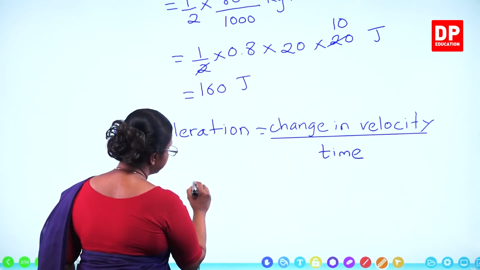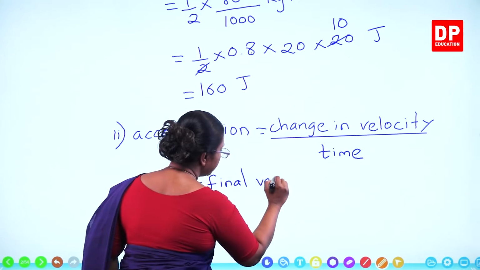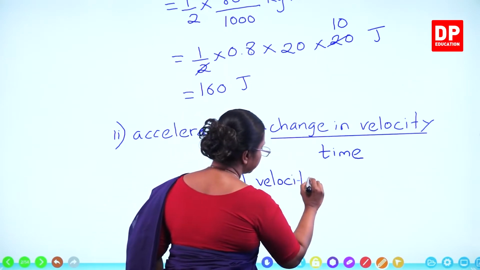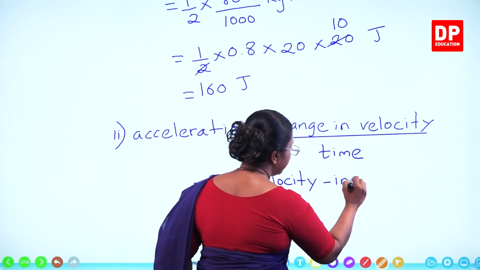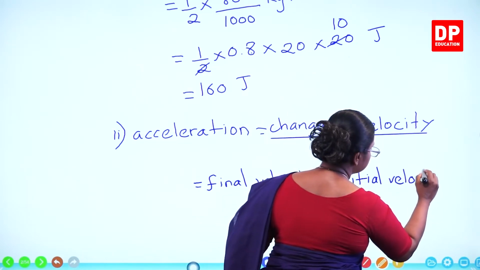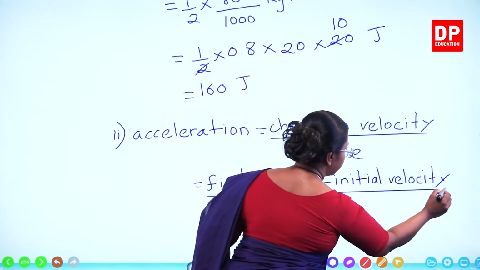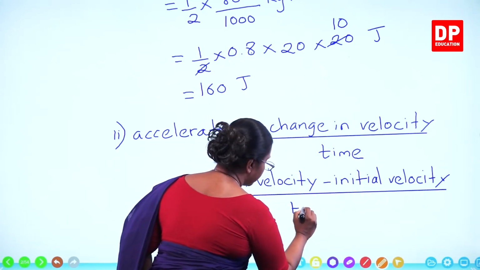So when we say change in velocity, what is that? Final velocity minus initial velocity divided by time.